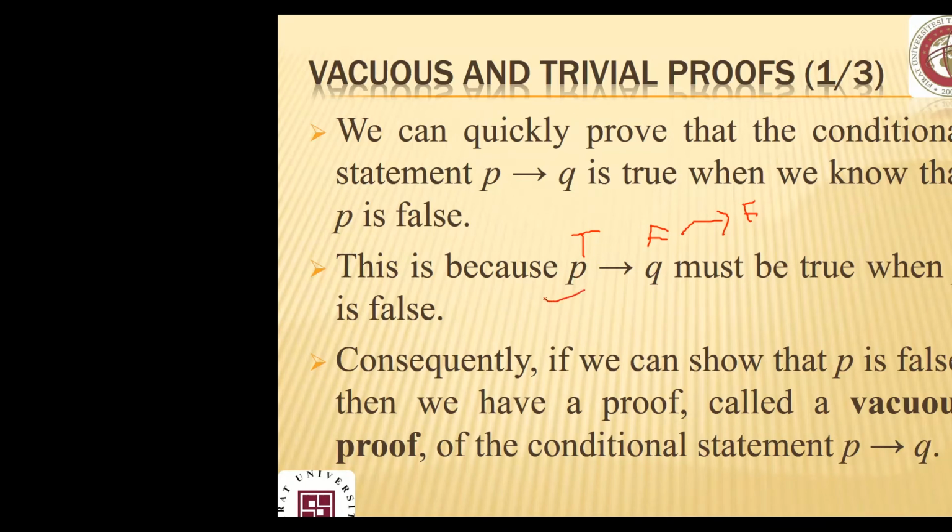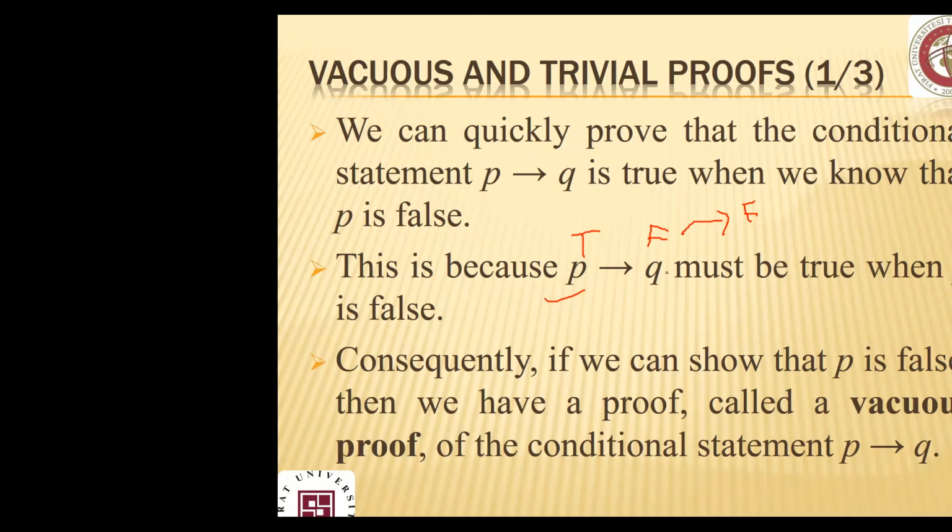How about the possibilities of P? P has two possibilities, either true or false. Good. When it is false, then no matter what Q is, the outcome is true. Think about the two states. When P is false, we have two states for Q, either true or false, right?